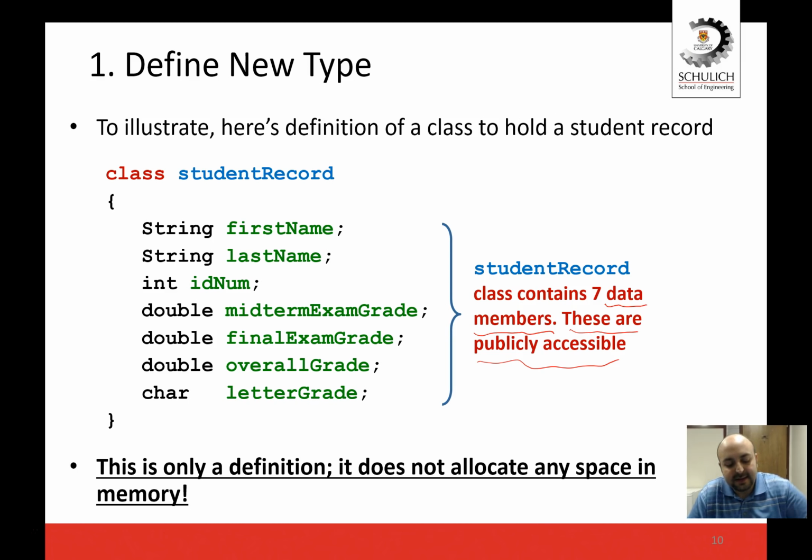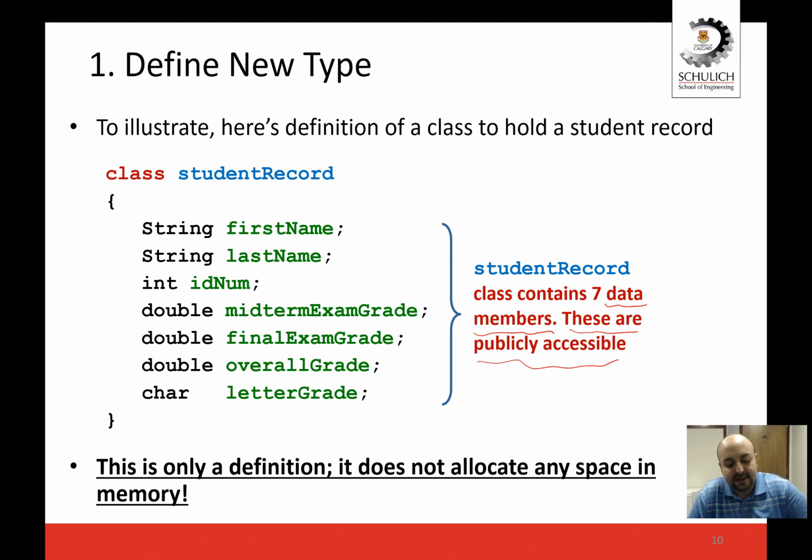Class definitions typically go at the top of your program for organization purposes. I mean, you could put it at the bottom of the program, it still works. Or it's a good idea to put it in other tabs. So when you program in Processing, you have multiple tabs. It's a good idea to put your class definition in other tabs, so that your program doesn't get too long.